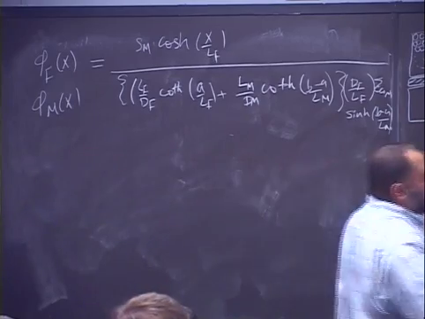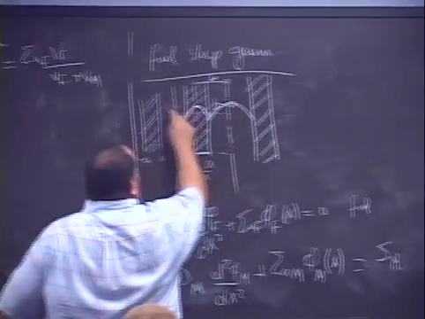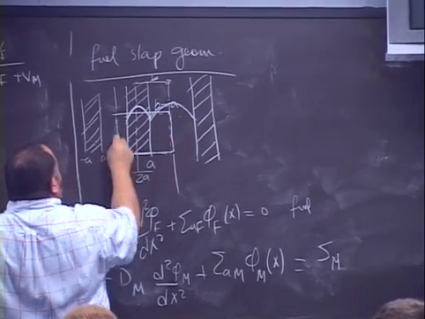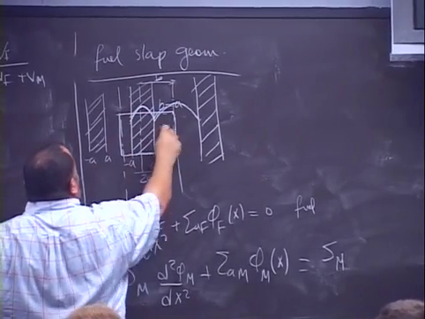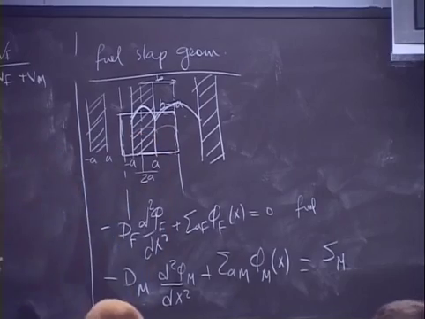This is the unit cell in cylindrical geometry. This is the unit cell in what? In slab geometry. I want to know what's the flux in this region, what's the flux here. Why?